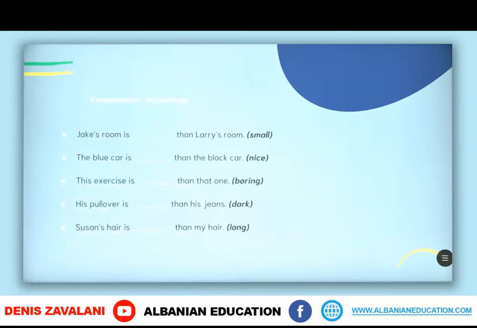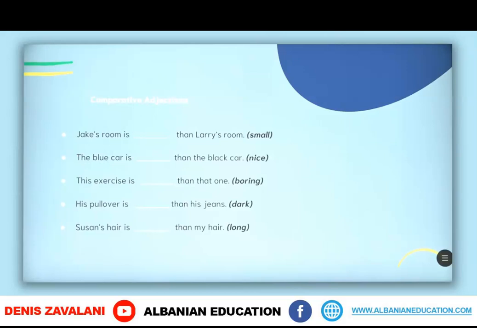Again, we will continue with comparative adjectives and see the difference between the usage of comparative adverbs and comparative adjectives. The first one is, Jake's room is smaller than Larry's room. The blue car is nicer than the black car.